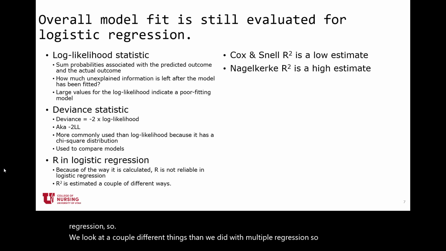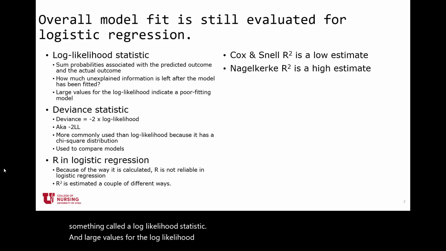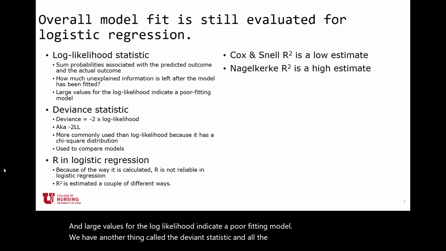So there's something called a log likelihood statistic, and large values for the log likelihood indicate a poor fitting model. We have another thing called the deviance statistic, and the deviance is -2 times the log likelihood.